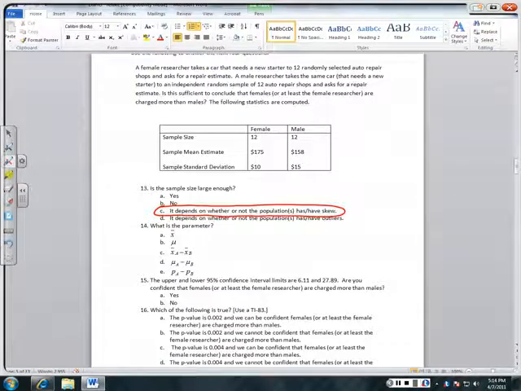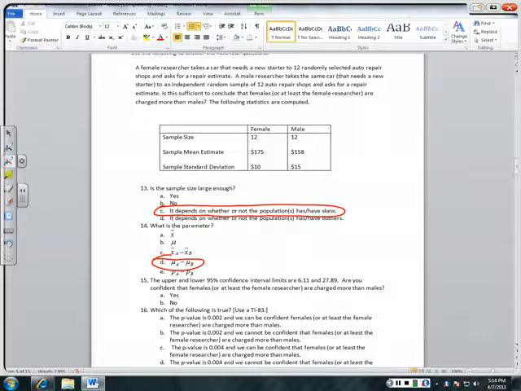What's the parameter? Remember, we're talking about means, so the parameter is mu, and we've got a difference between two of them. That's mu A minus mu B. The upper and lower confidence limits are 0.611 and 27.89.